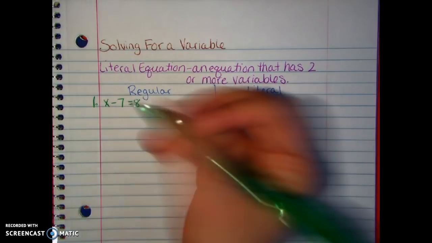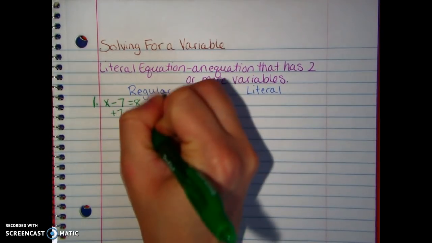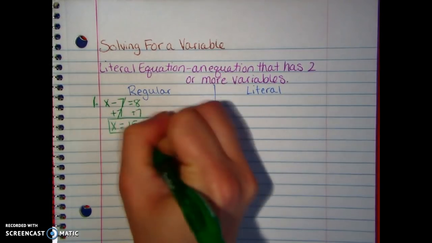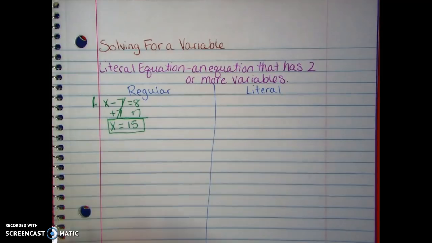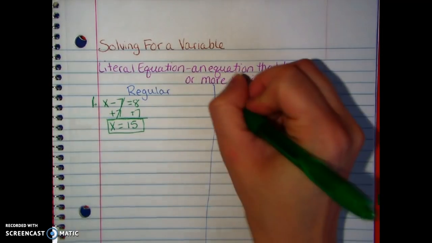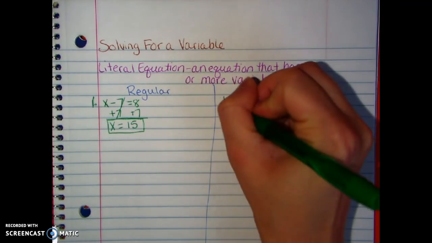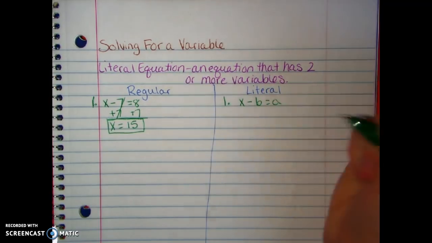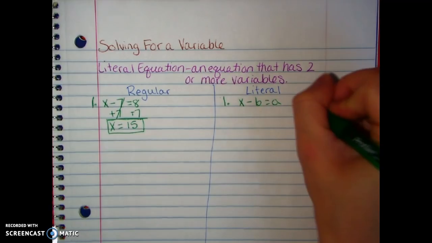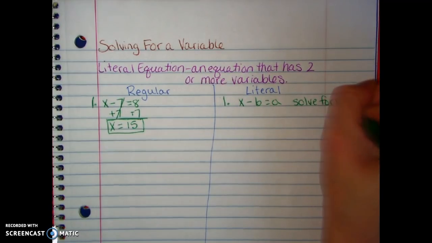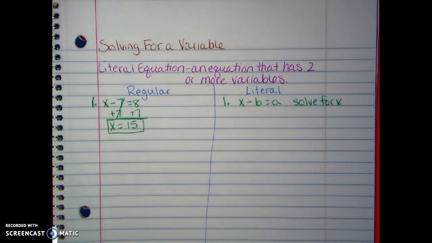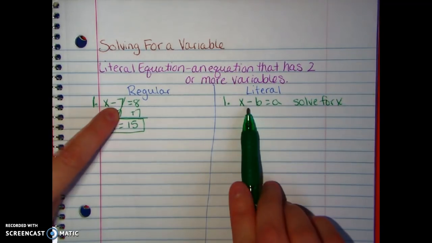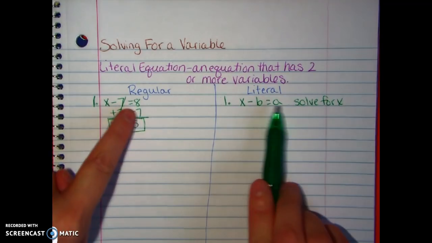Okay, hopefully you just added 7 to both sides and got x equals 15. Now, a literal one-step equation might look something like x minus b equals a, and we are going to solve for x. Notice I have x minus something equals something.